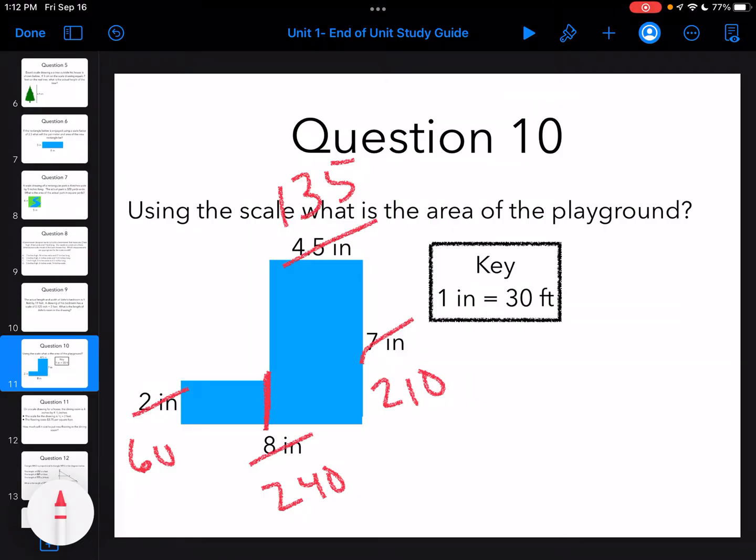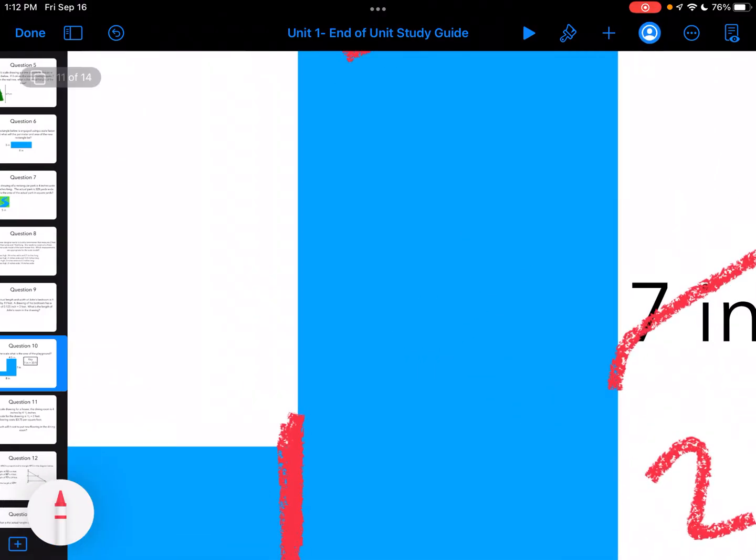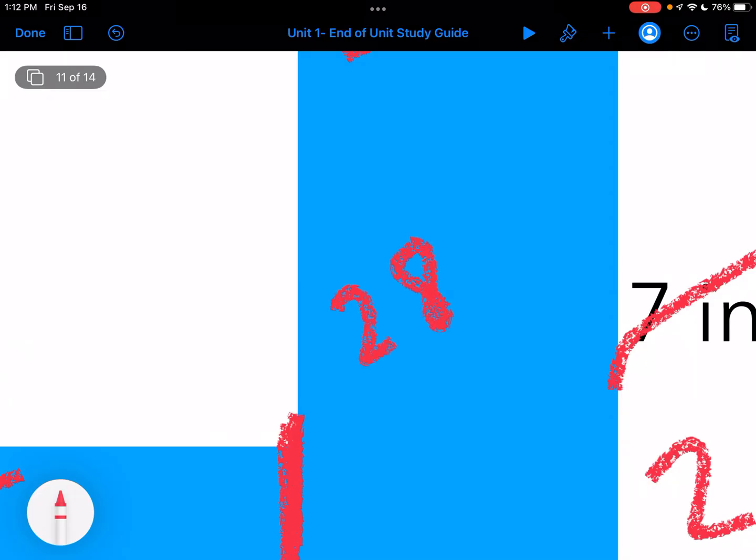So if I cut it here, I know that I have 135 by 210. So 135 times 210, I get 28350.